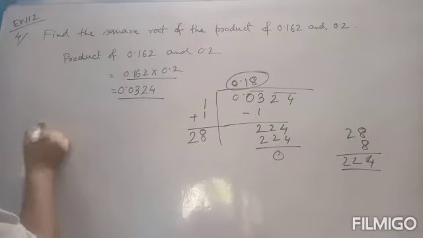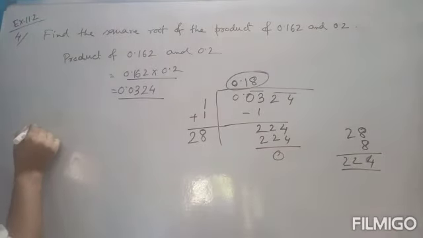Therefore square root of 0.324 is equal to, we take positive sign here also, then you get 0.18. This is the answer.